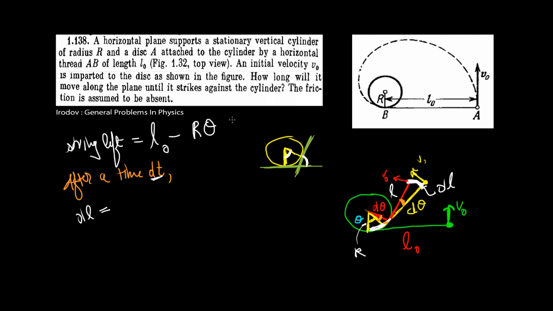I'll just call it L. So that is L times d theta. That is the arc length dl, but L is also equal to L0 minus r theta. So dl is going to be L0 minus r theta, all of that times d theta.